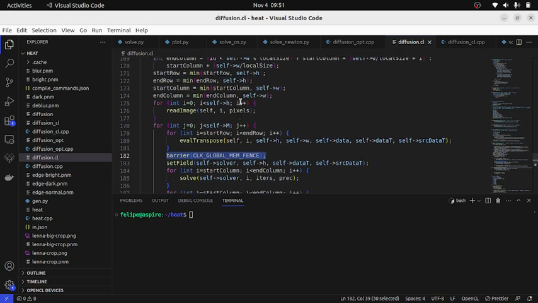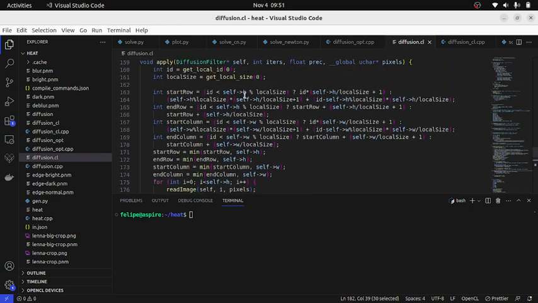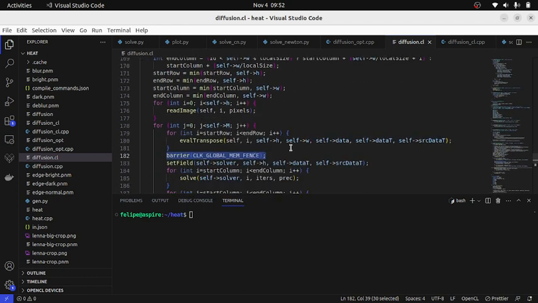And here at the beginning you see some calculation, because in OpenCL we can get the ID of the thread that started, the local size where it is running. And then this is just some computation to see which rows and which columns this thread is responsible for in our iteration. All right.